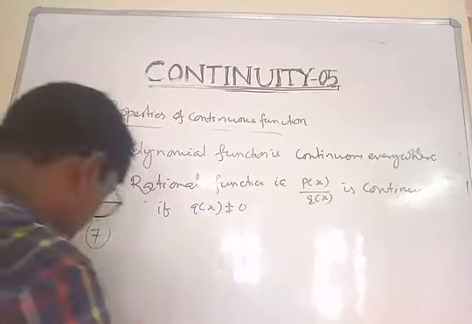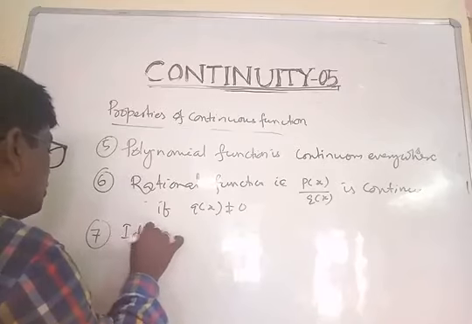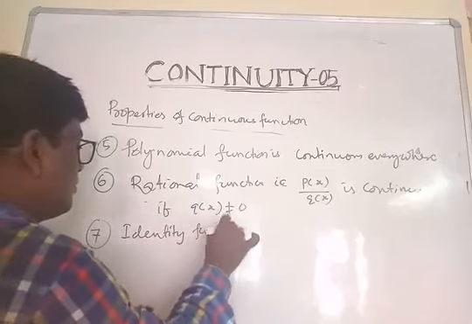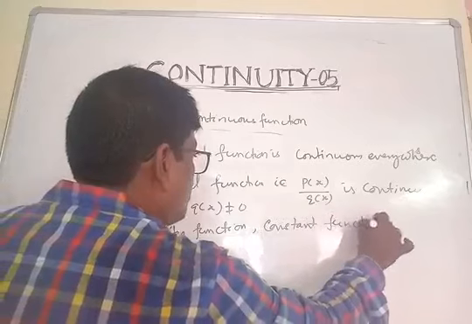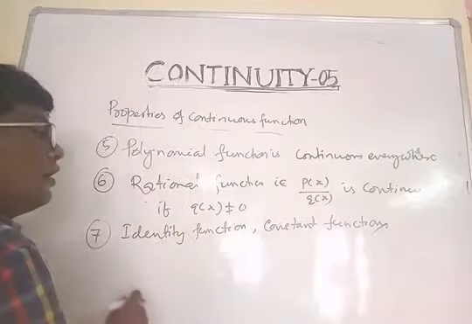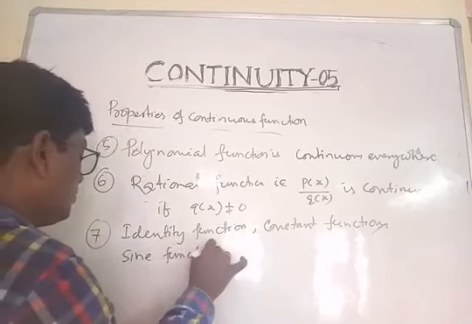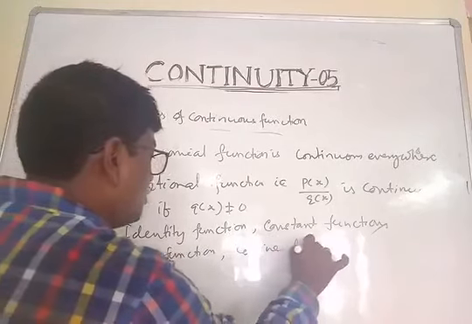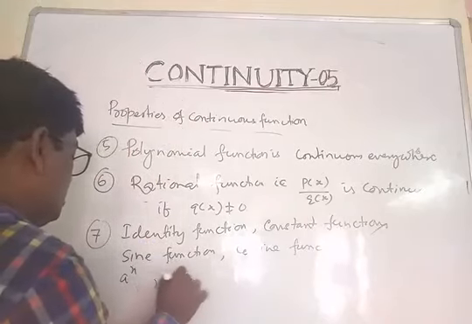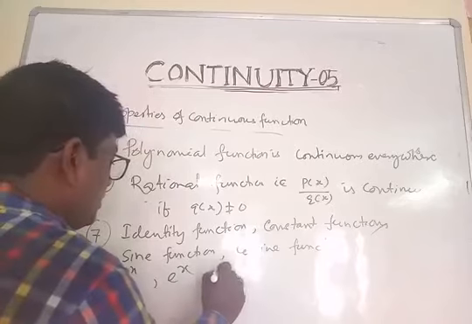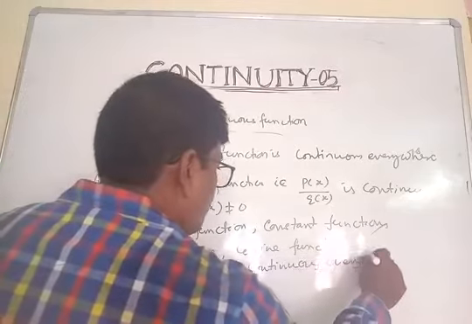Number 7, identity function, constant functions, sine function, cosine functions, e to the power x are continuous everywhere.